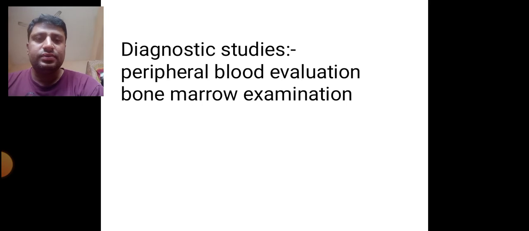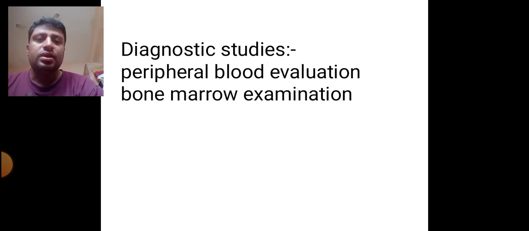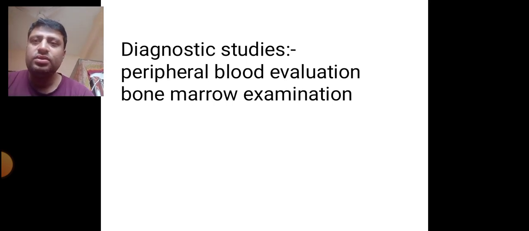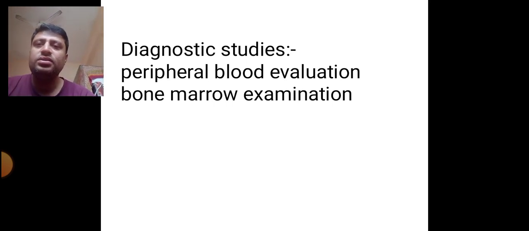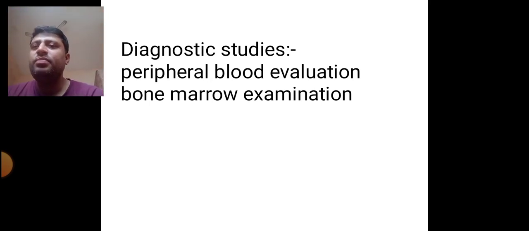Hypogammaglobulinemia, autoimmune hemolytic anemia in 4 to 11%, idiopathic thrombocytopenic purpura in 2 to 4% of cases. So these are the diagnostic findings, mainly evaluation of peripheral blood and bone marrow examinations.